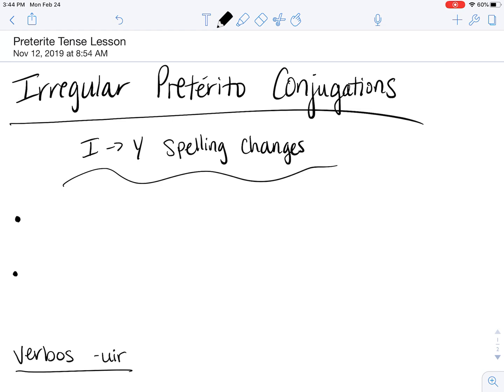Today we're going to talk about the type of spelling change that is going to be an I to a Y. All right, and it only happens in a couple of instances. First off, it's only going to happen with ER and IR verbs.